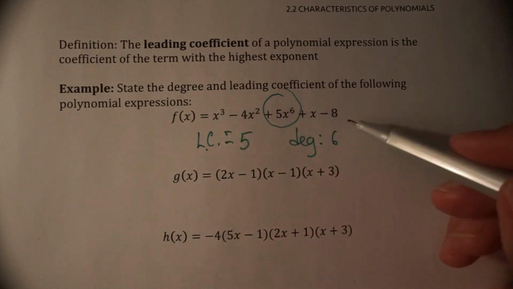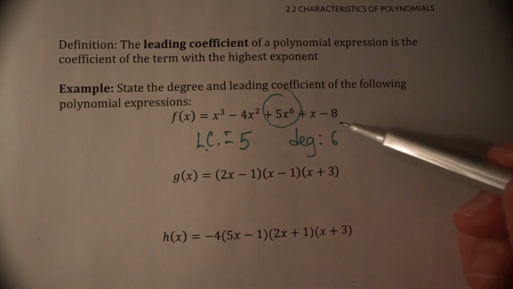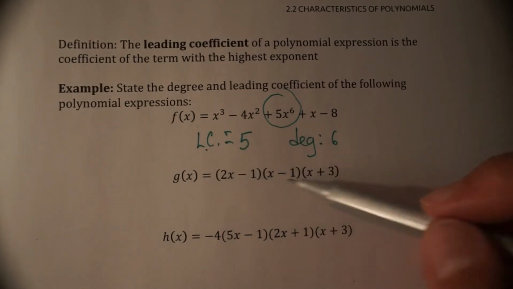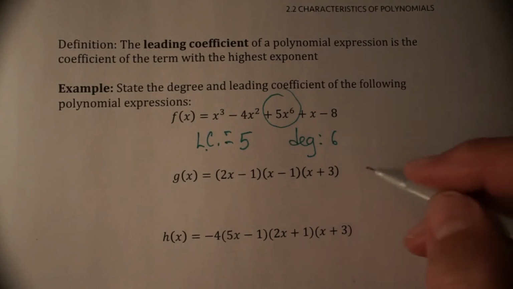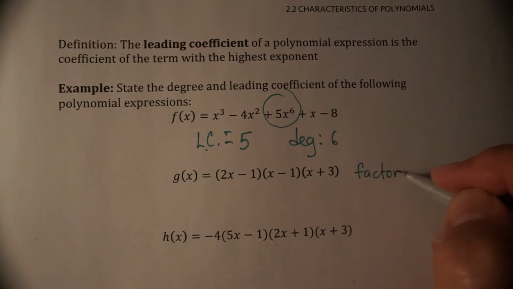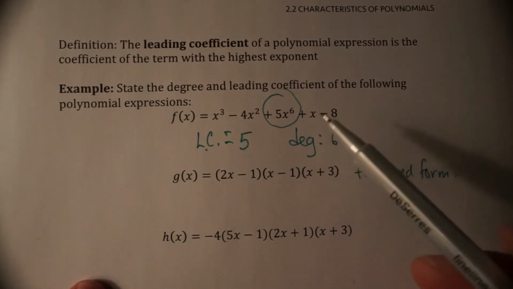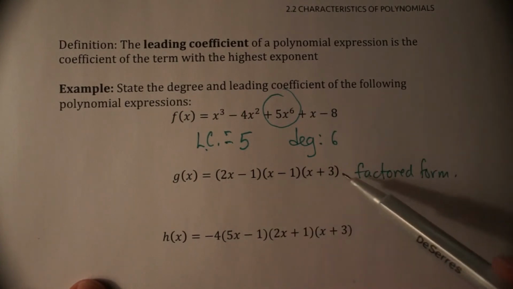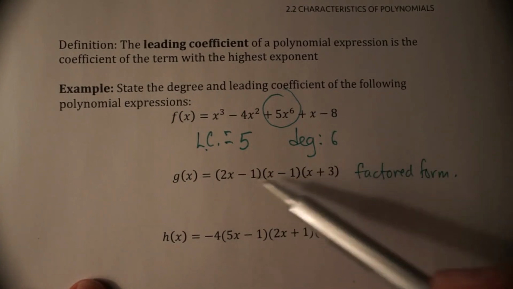Now, if they're all written out like that, expanded and simplified, it's very easy to find the leading coefficient and the degree. But sometimes they give it to us in what we call factored form, i.e. it's been factored already. It's harder to find the largest coefficient, or the largest exponent this way. Obviously I don't want to multiply that all out.